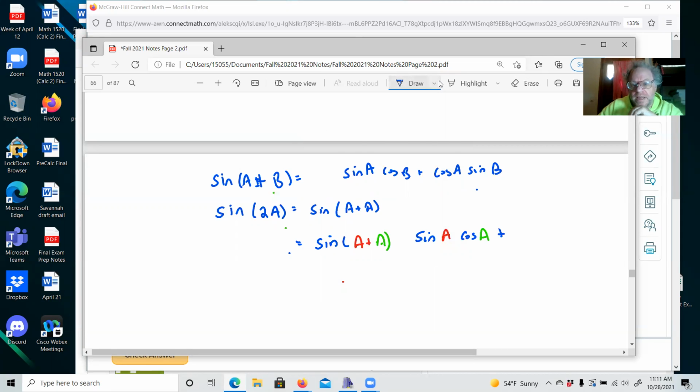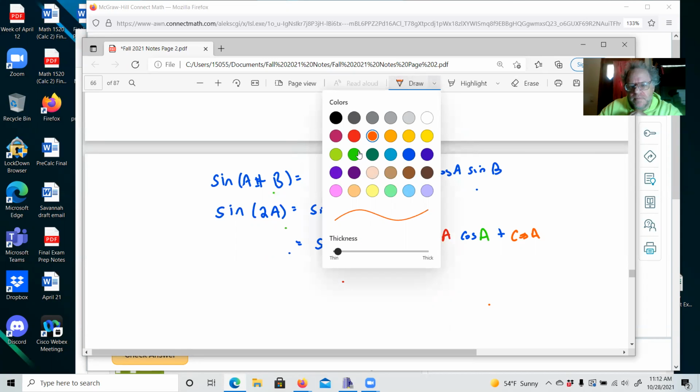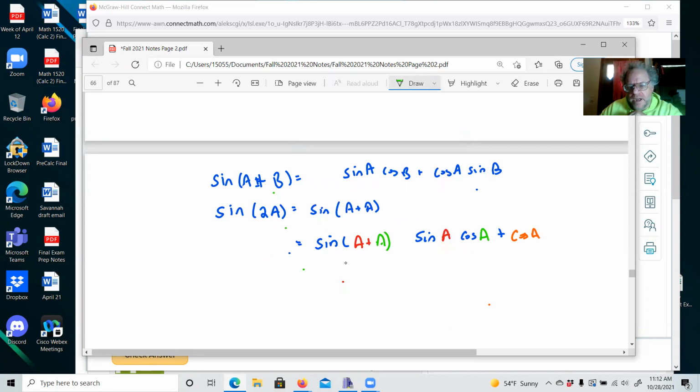So this is going to be cosine of the first one, okay, times sine of the second one. Okay, so there is our formula here with just the A's and B's, right? The red A's with the first one, green A's with the second one.